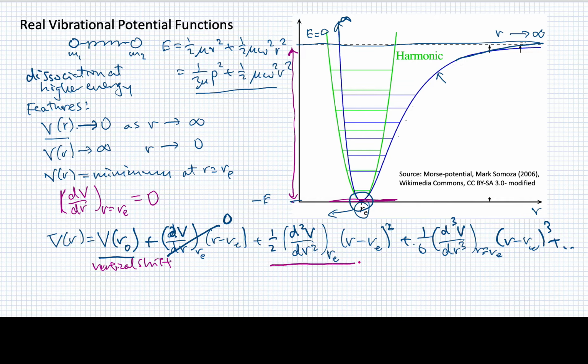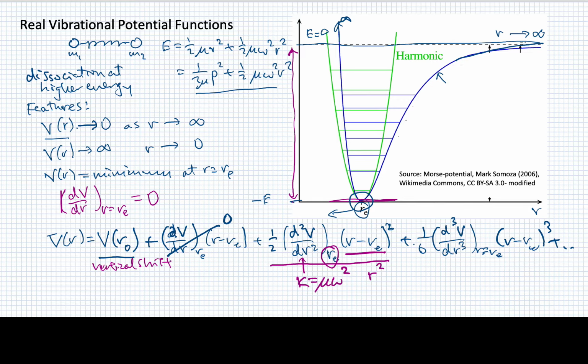All right, what about these next terms? Well, this term, I hope you recognize, is going to be a constant when we evaluate it at this value R_B. So that's just our constant K, which we've already remarked is equal to mu omega squared. This is just our displacement squared, which we labeled as R squared in an earlier video.